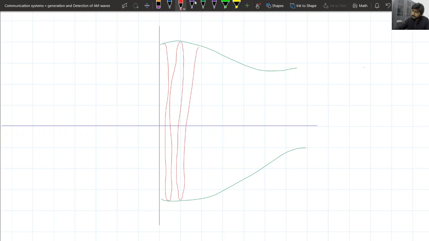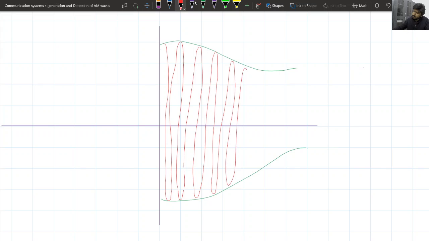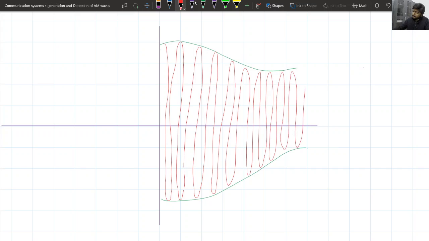We are drawing a rough sketch. This is the modulated wave s(t).